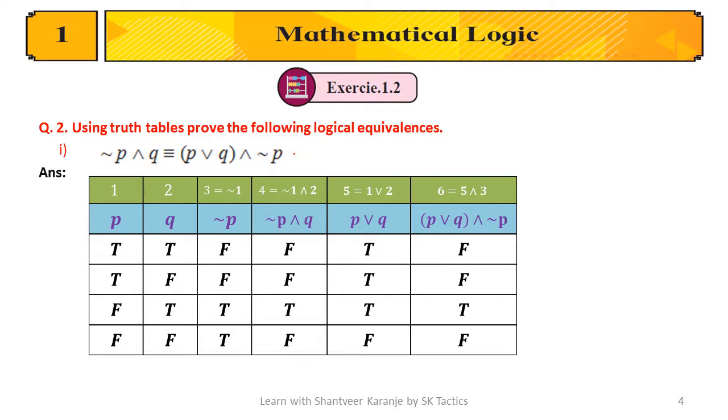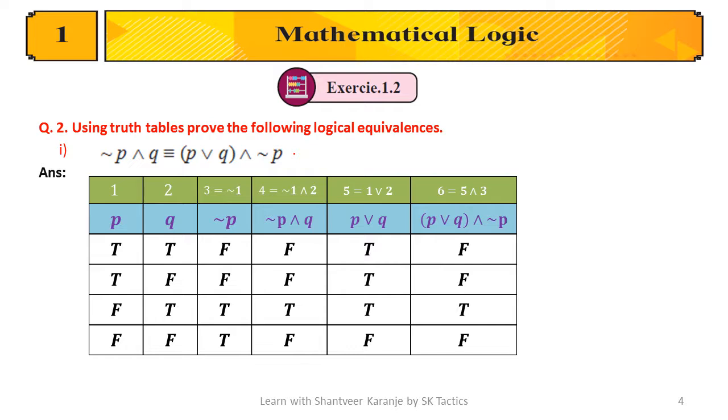Here you can observe column number 4 is completely the left hand side, column number 6 is completely the right hand side, and both the fourth column and sixth column are identical. Both have the same values in the same places: F, F, T, F, F, F, T, F on both sides.